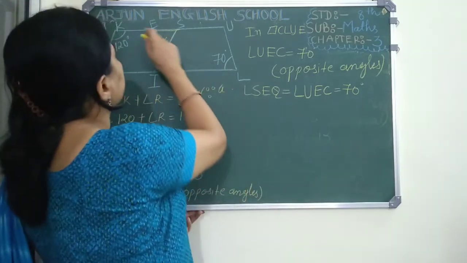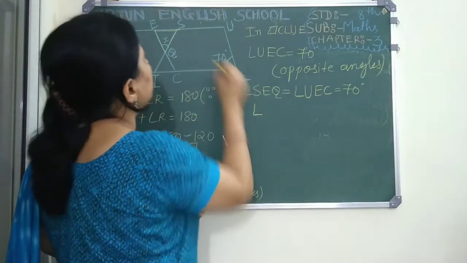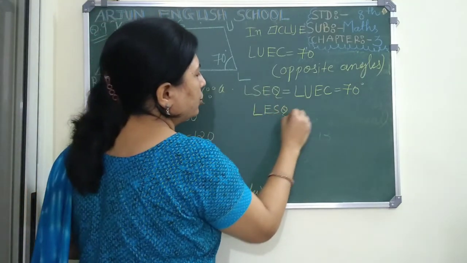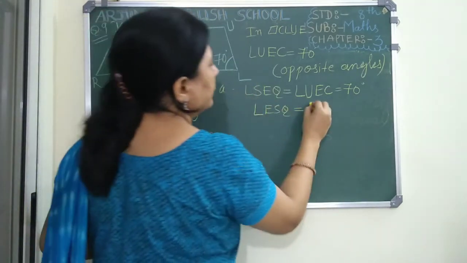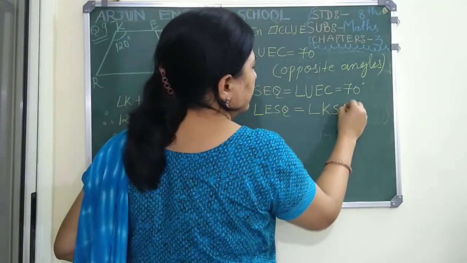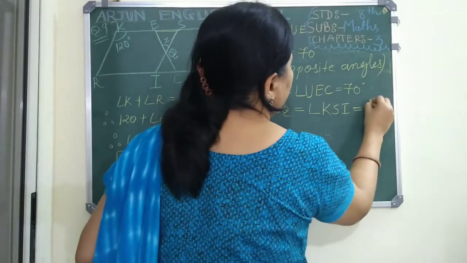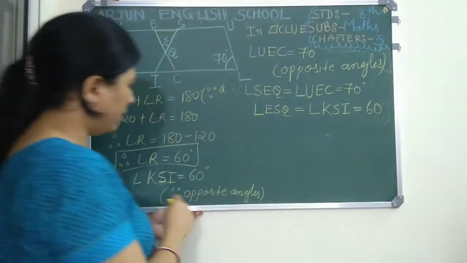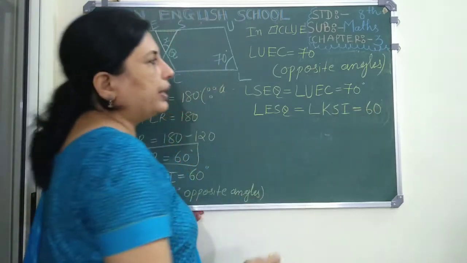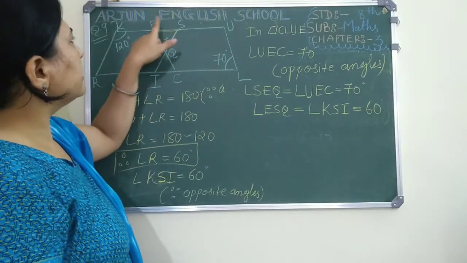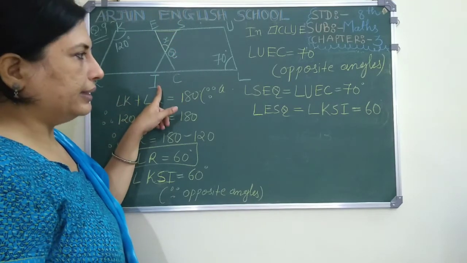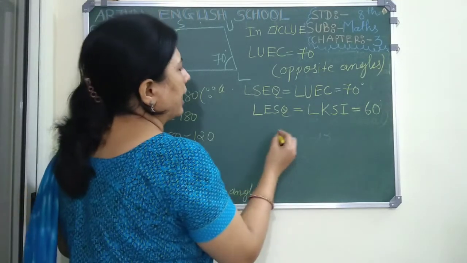And again, let us write angle ESQ is equal to angle KSI and is equal to 60 degrees. We have found it out first. So here also you will write in brackets S dash E dash K and S dash Q dash I. So this way you can write.